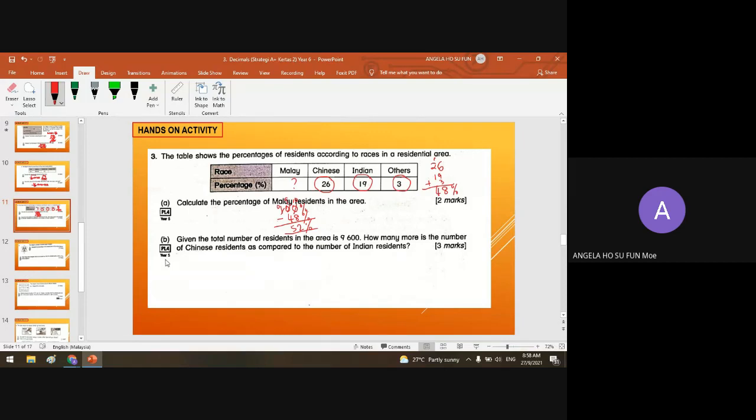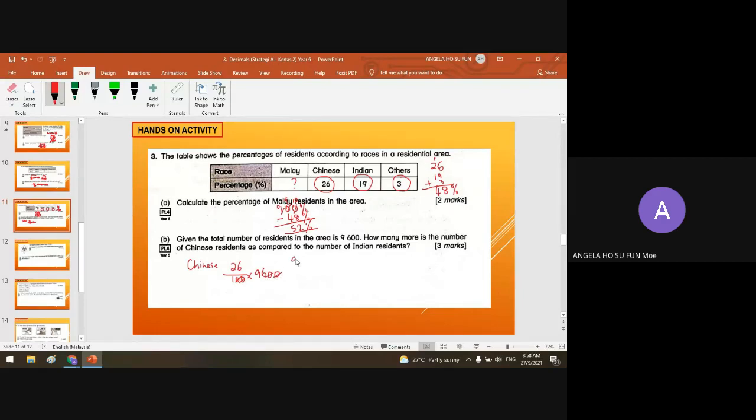Okay, Chinese. We count the Chinese first. Chinese is how many percent? 26%. So 26% times 9,600 people in the resident area. So I cut the 20 with 20 here.